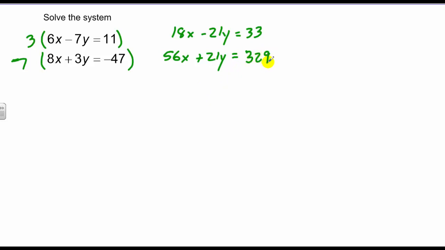And that's the only disadvantage to this sometimes: our numbers get pretty big, and that 329 is actually a negative. So then I'm going to add these up. I get 74x is equal to negative 329 plus 33, which is negative 296.